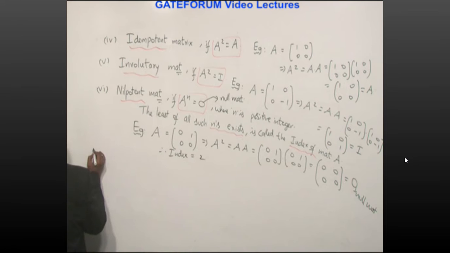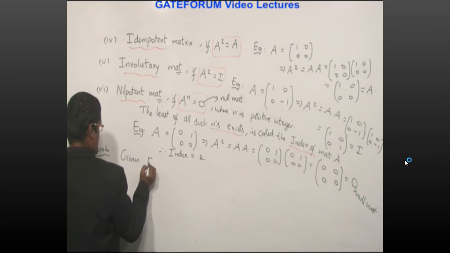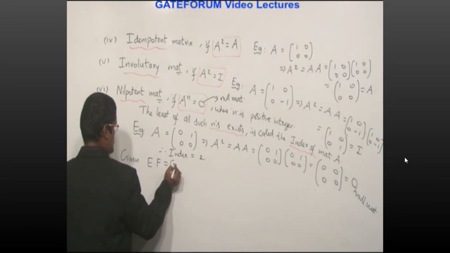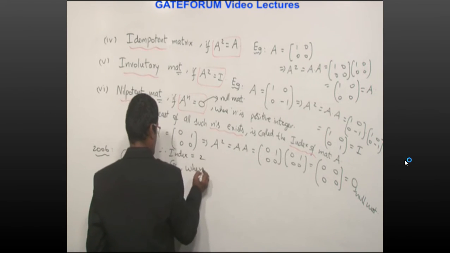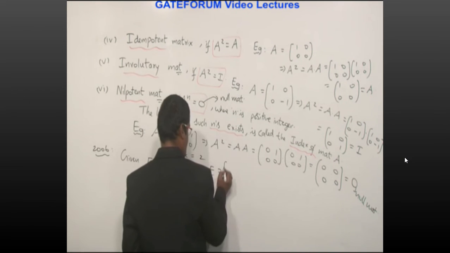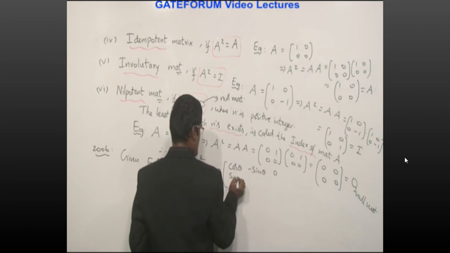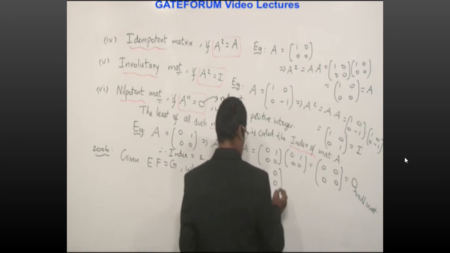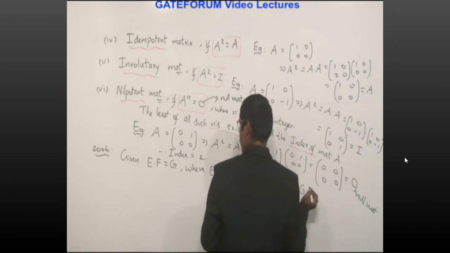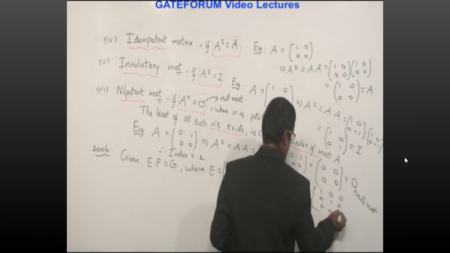This question was asked in GATE 2006. Given E into F is equal to G, where E is equal to cos theta, minus sin theta, 0, sin theta, cos theta, 0, 0, 0, 1, and G is equal to 1, 0, 0, 0, 1, 0, 0, 0, 1.